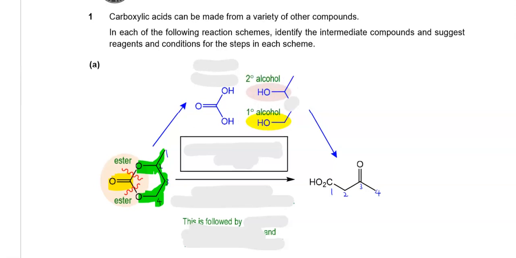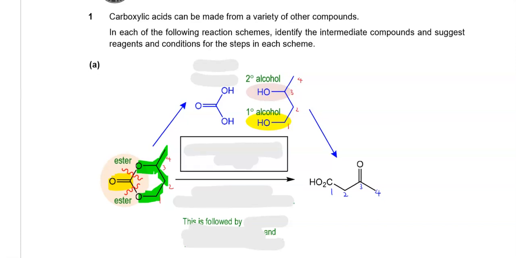In this case, I have a secondary alcohol at carbon number 2. If I number this, 1, 2, 3, 4. Let me just change the numbering. 1, 2, 3, 4. 1, 2, 3, 4.